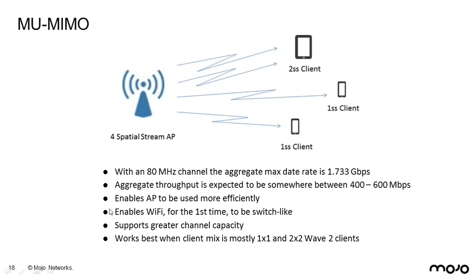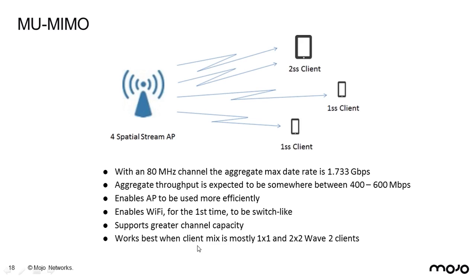And how much better? Well, it's going to depend on a number of factors, like how spatially differentiated these are, and the RF conditions, and the channel state, channel conditions, and so on and so forth. But we still do see we're going to get a gain here. So we know we're going to get a gain in efficiency. We're going to have to do much more testing, and over time, we'll all learn just how effective MU-MIMO is at improving performance.